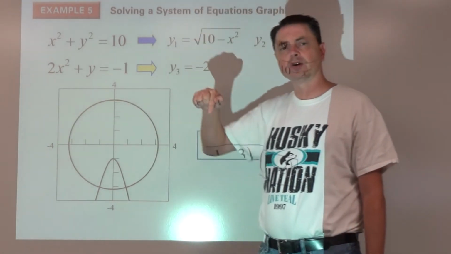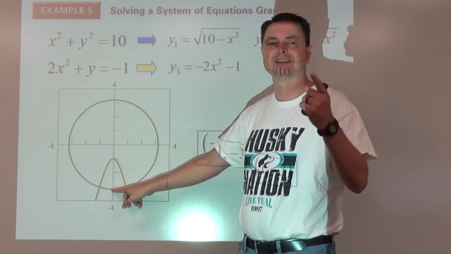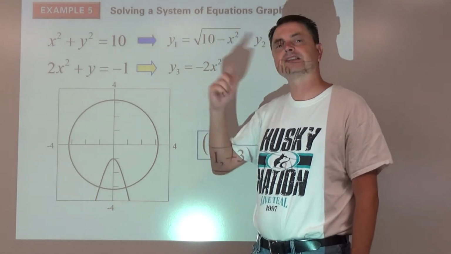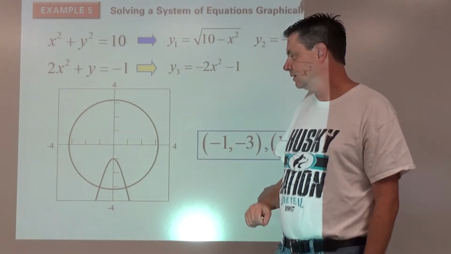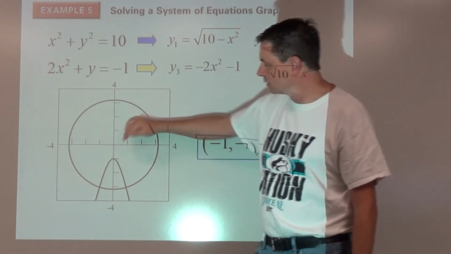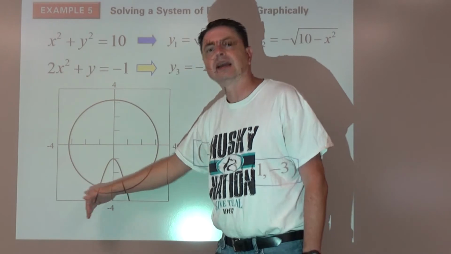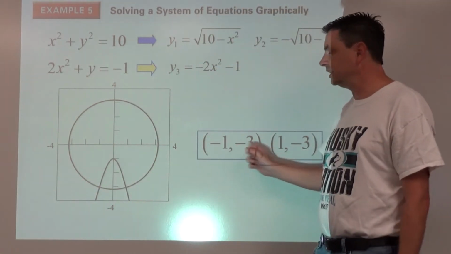So if you just arrow down to, and it'll then appear here, is that your first curve? You would select yes. And then it's going to say, is this your second curve? And you would say yes. And then it's going to ask you to guess, and once again, just arrow over till you get close to one of these, and then repeat the process to get the other, and we get these as our solutions.